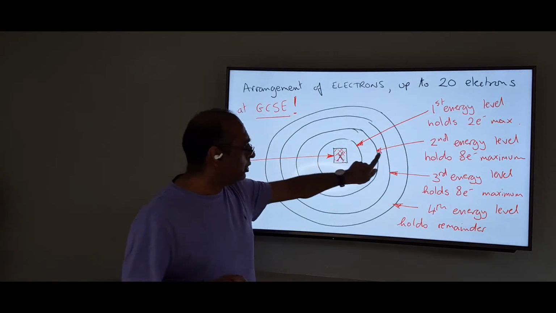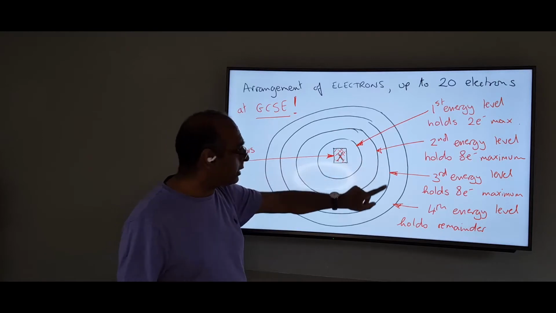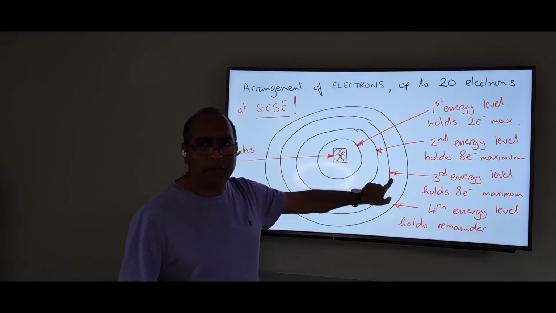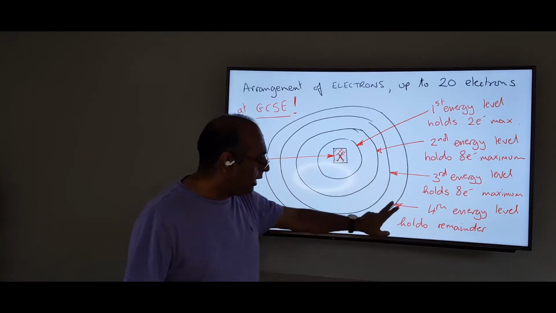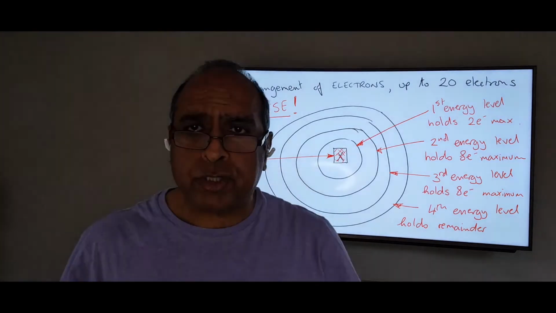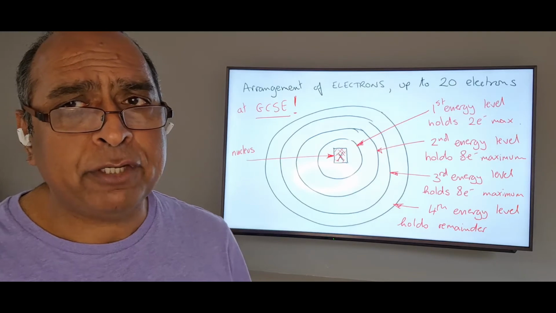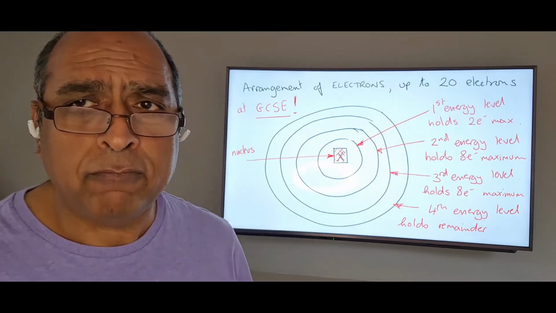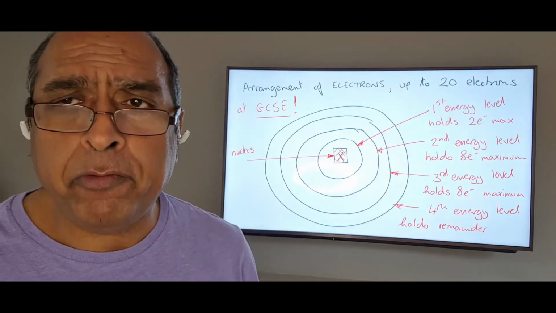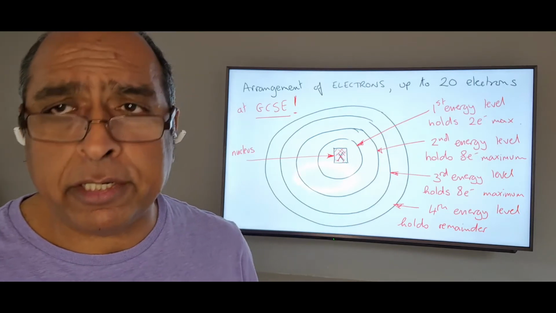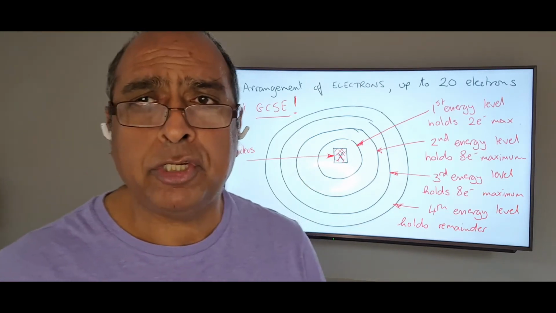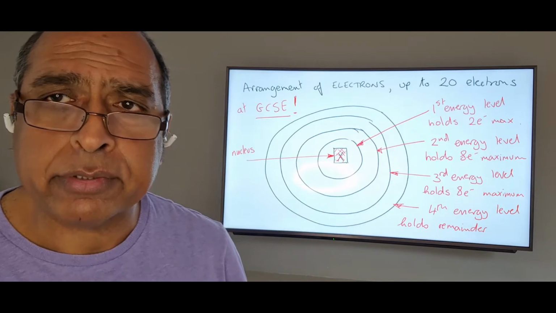The second energy level holds 8 electrons maximum. The third energy level holds 8 electrons maximum. And if you count those up, 2, 8, 8 makes 18. Therefore, if you're going to draw diagrams of up to 20, you put the remainder in the fourth energy level, and at the most, you should have a remainder of 2 electrons.